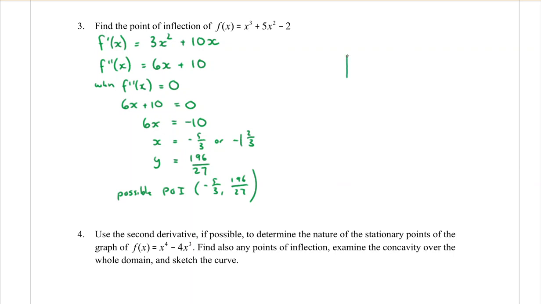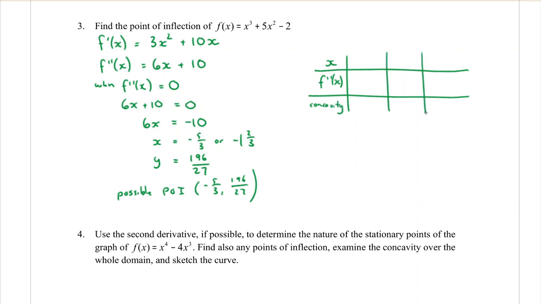So let's draw that over here on the side. The concavity table has the x values, the second derivative, and then finally concavity. My x point that I have found is the one that needs to go into the middle. So minus 5/3, which is minus 1 2/3.